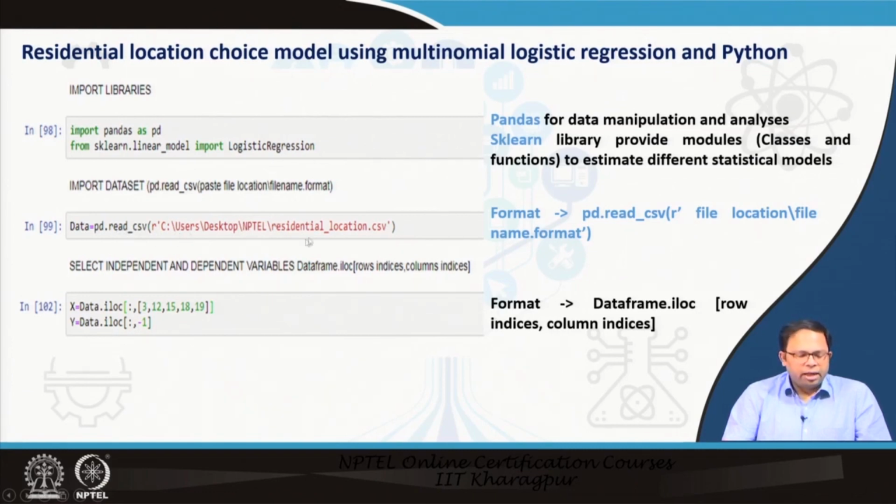This is the data file, and next we have to detail out the data frame. We have to specify the parameters, what the independent variables x and the dependent variable y are, and their locations in that particular data set are provided over here.